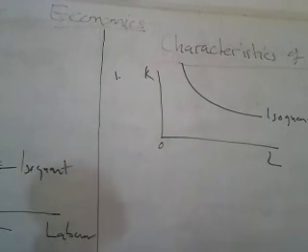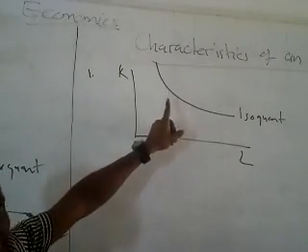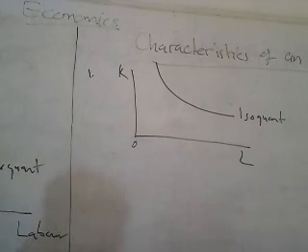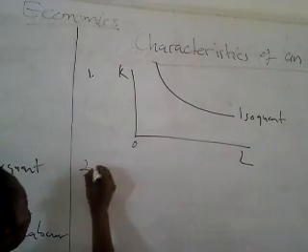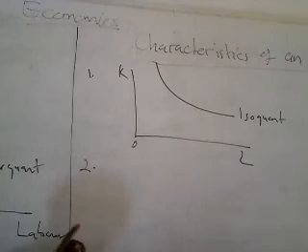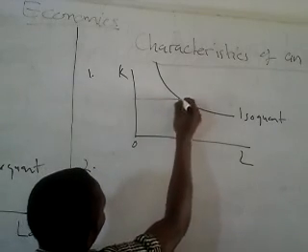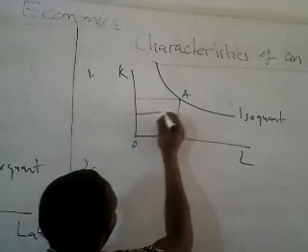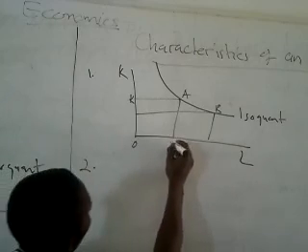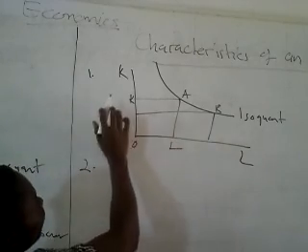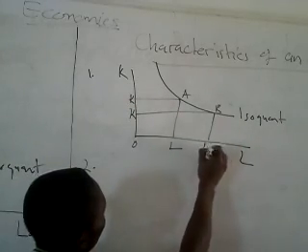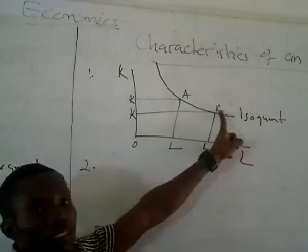It means that before the firm will produce, the firm must substitute one input in place of the other. Another characteristic of an isoquant is that the same isoquant or different isoquants give different levels of output. So if you want to produce at point A and then point B, this is the initial capital, initial labor. And then if the firm wants to produce at point B, it must substitute some amount of capital and then increase labor to produce at point B.